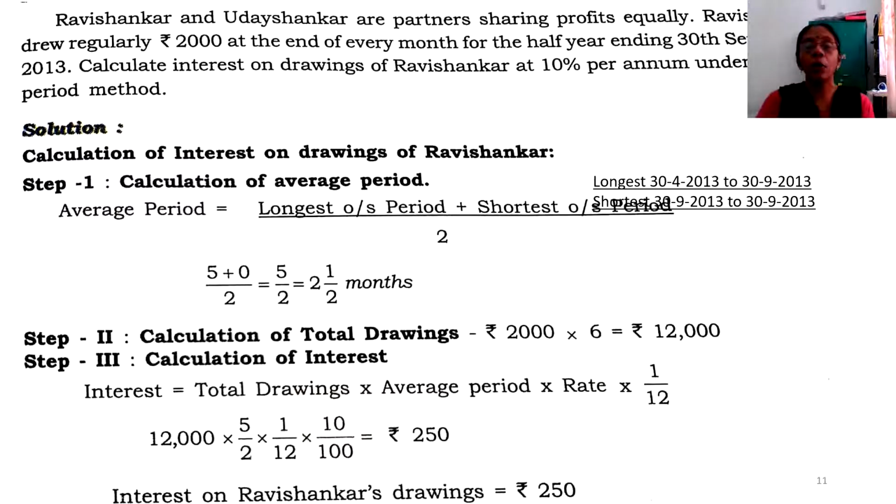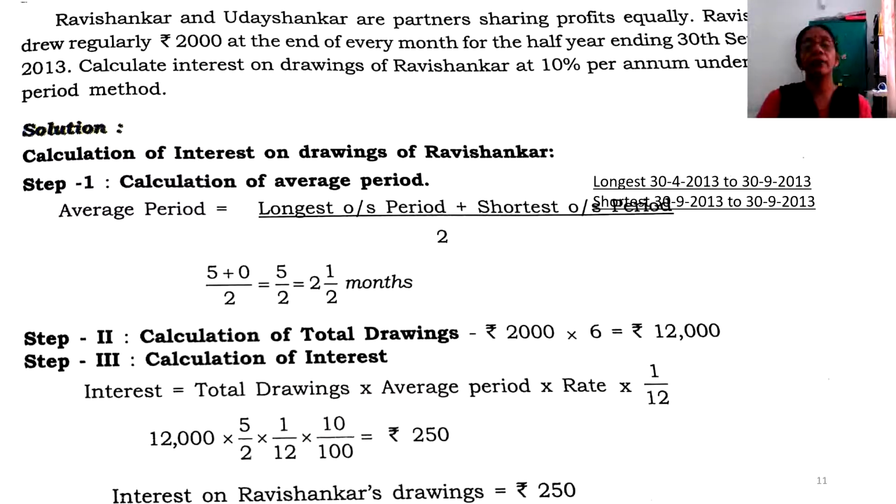Please do not formulate any table for the computation under average period method. No table is required also. You may have to just adopt 3 easy steps in the computation of interest on drawings under shortcut method. Under the first step, what do we do? We compute the average period.